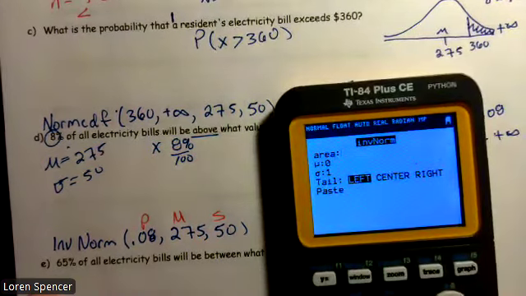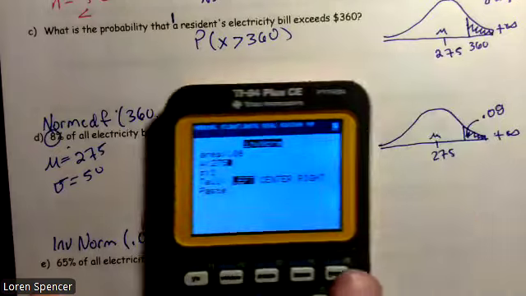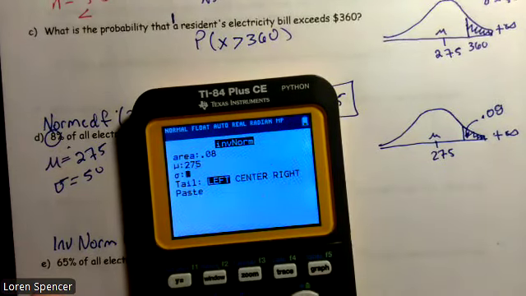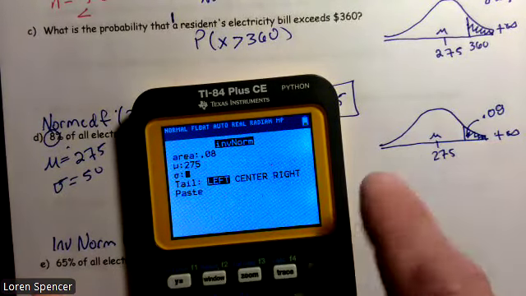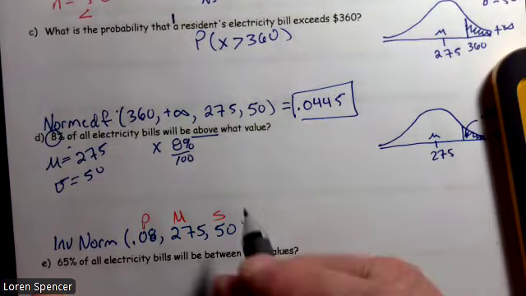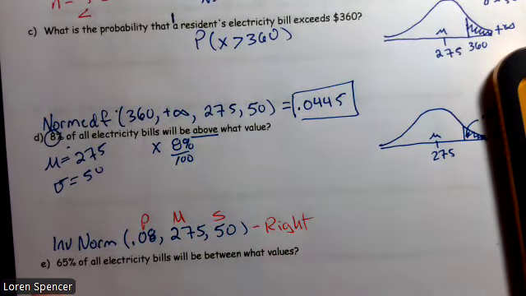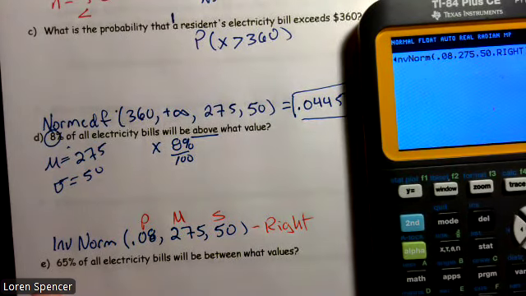And we need to also worry about the direction. In this case, we shaded on the right-hand side. We started shaded from the right and shading this way. So we need to make sure that we highlight the word right. And we'll see what our probability is.